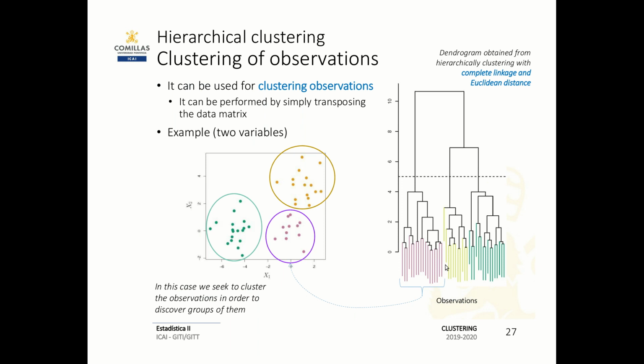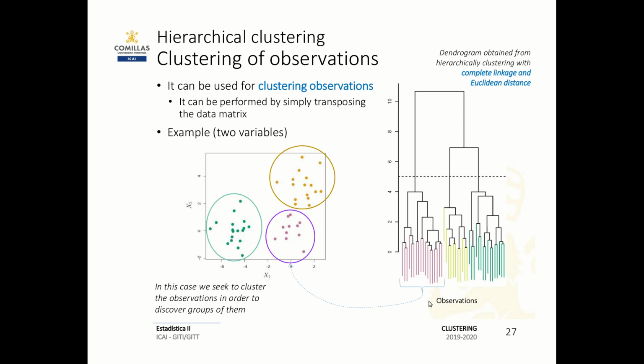Then we can also use hierarchical clustering to cluster observations. Now the distance would be the distance between objects, and for instance here we have different Euclidean distances in this case, and the point at which they merge. So we see that we have clearly three clusters. We have one cluster there, one cluster there, one cluster there.